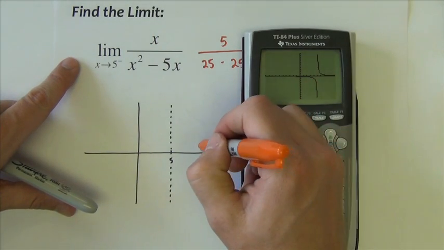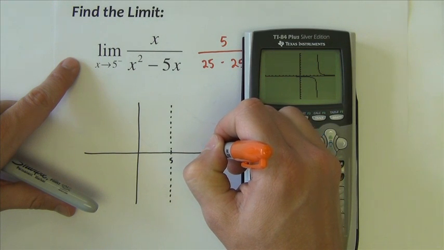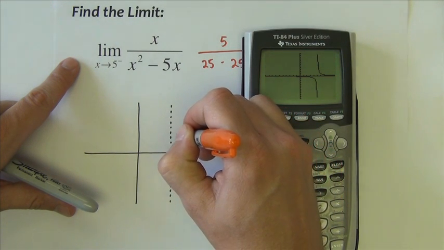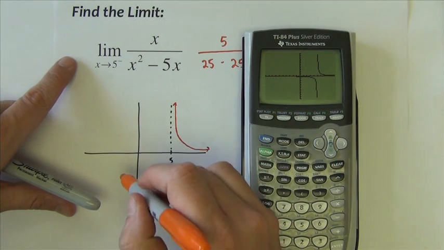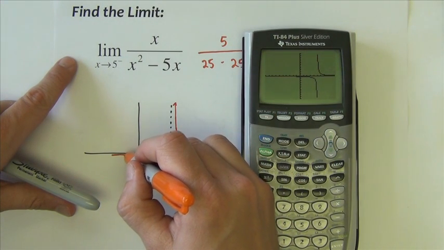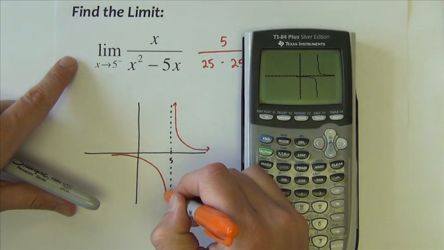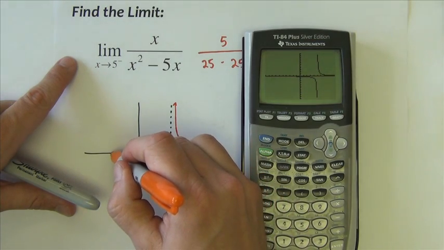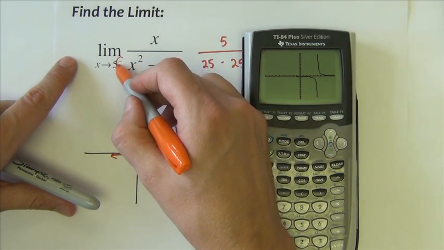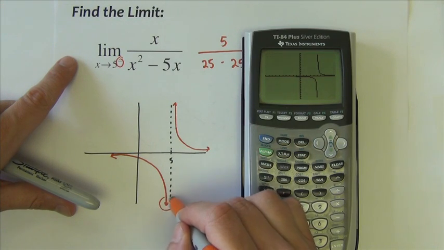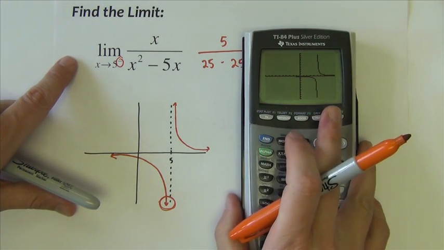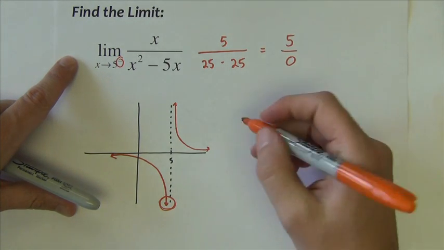We can see that out here it's going up. We can see that over here it's going down. I want 5 from the left side, so this is the left side of 5, which is right here. What's the function doing? It's going down to negative infinity.